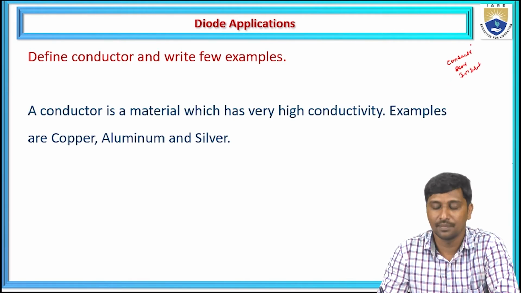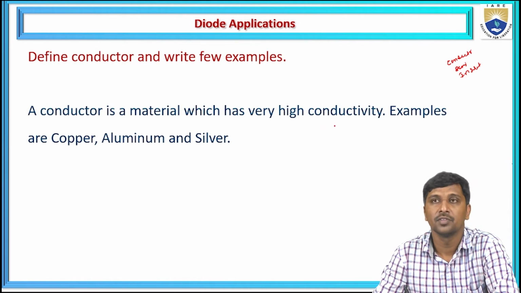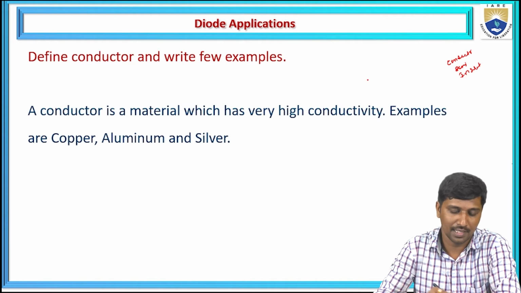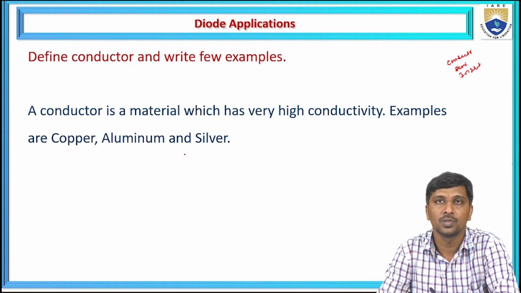Out of these three, the conductor has very high conductivity. Examples are copper, aluminium, and silver. These materials have high conductivity, and they allow conduction across the device.